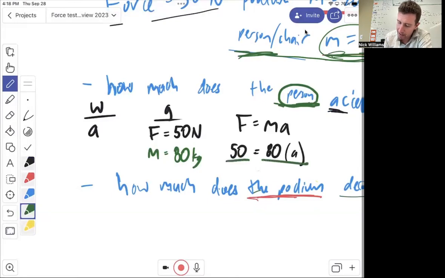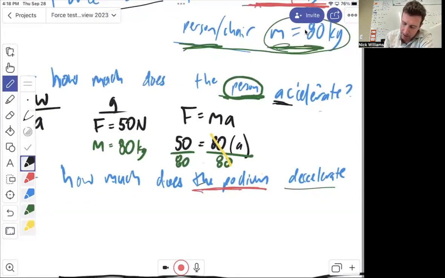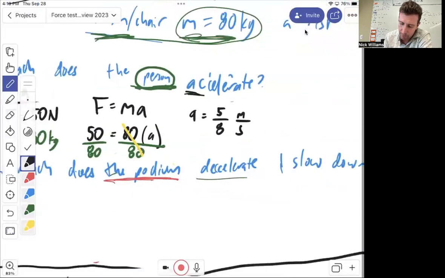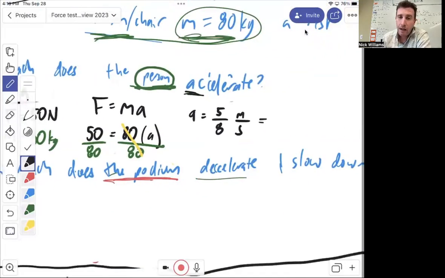To get acceleration by itself, since we're multiplying, I need to divide both sides by 80. That will allow me to convert that to 1, which effectively gets rid of it. And it gives me an acceleration of 5/8 of a meter per second, which when I divide it, gives me 0.625, which I'll round to 0.6 meters per second squared.